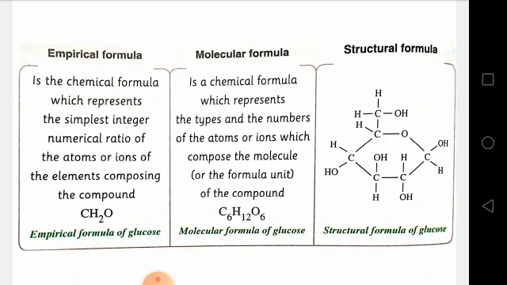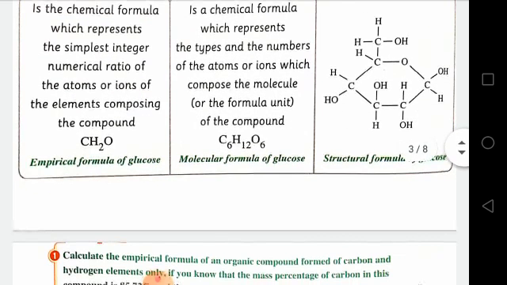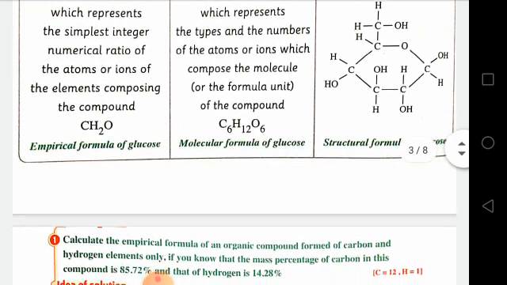For example, the chemical formula of glucose, C6H12O6, illustrates that a glucose molecule contains 6 atoms of carbon, 12 atoms of hydrogen, and 6 atoms of oxygen. This is the molecular formula. If we divide this molecular formula by a common coefficient, which is 6, to simplify this chemical formula, we will produce the empirical formula, which is CH2O.